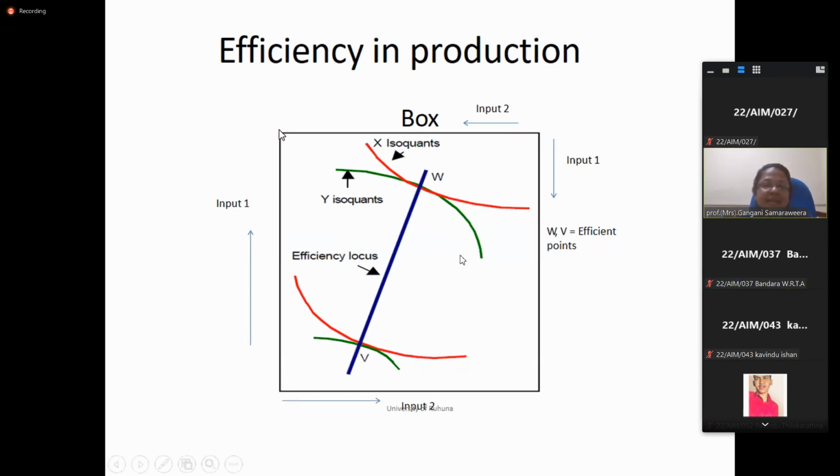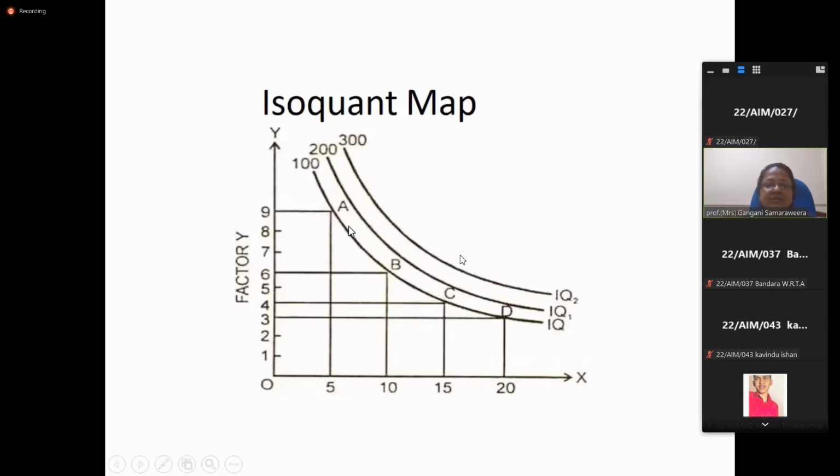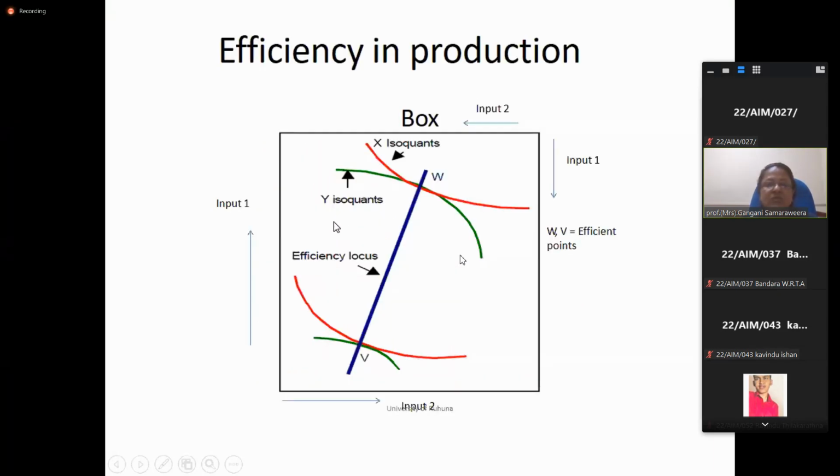That means, let's say, just forget this one. Just think about these two only. Input 1, input 2. You use maybe land, labor here. Okay. Now, these red 2 lines, these production curves, before we put like this. These are the same lines we use now.